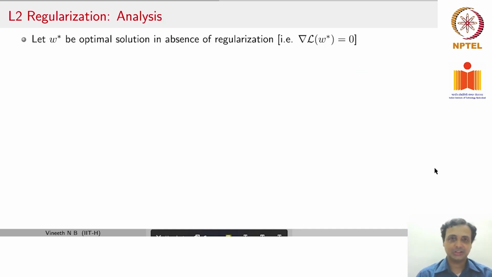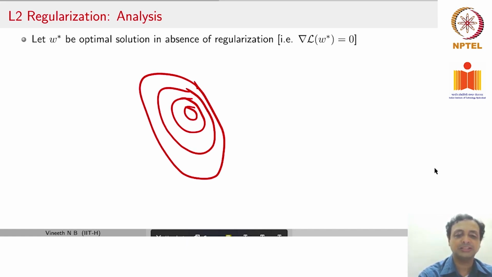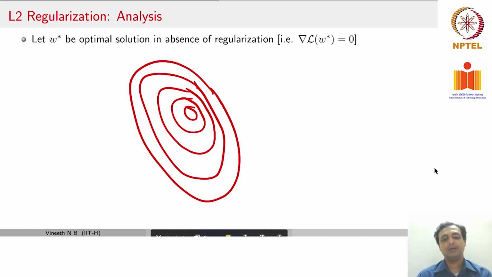Remember, in the last lecture, we talked about contour plots. So you have these contour plots of your error surface with respect to the weights. We saw contour plots such as these, if you recall, which were cross sections of your error surface. This is the contour plot of your error surface, which is the term without a regularizer.